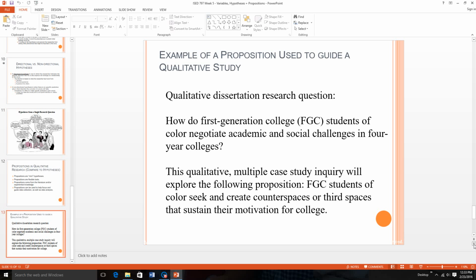And that comes from theoretical work from a sociologist named Bhabha, and the work that he has done suggesting that there are alternative spaces, first being home, the second being school, and third being sort of a counter space that students sometimes seek as they try to persist in higher education.